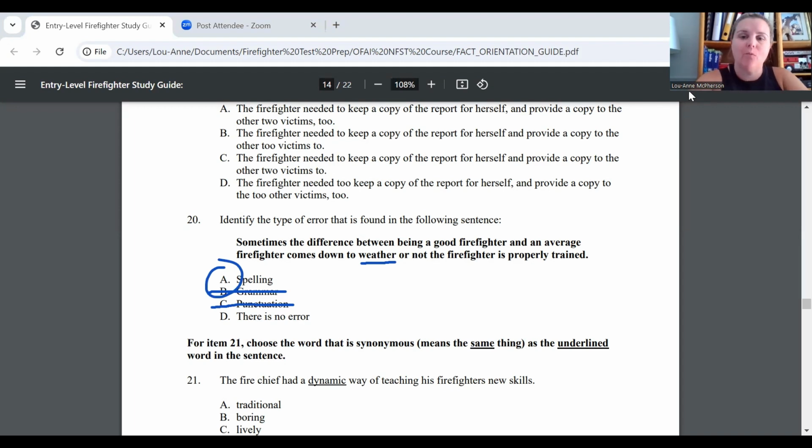Now here we have weather, W-E-A-T-H-E-R. That's the correct way to spell weather, but in this case, we're talking about outdoor conditions. We want to use the word whether, as if there is a choice, right?